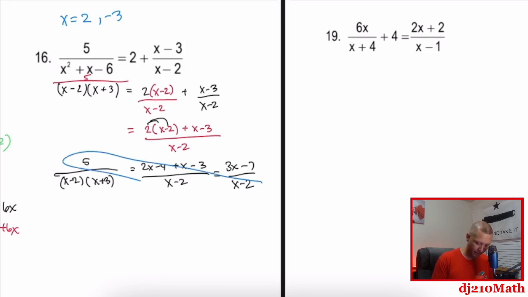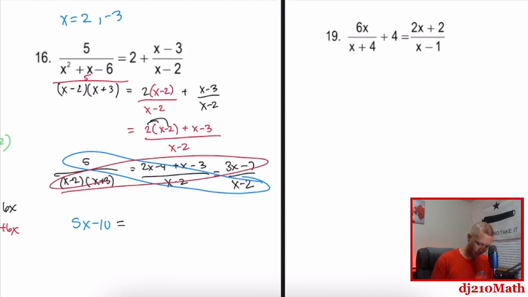All right, x minus 2 and 5. So 5x minus 10 is equal to these three right here. 3x minus 7, x minus 2, x minus 3.